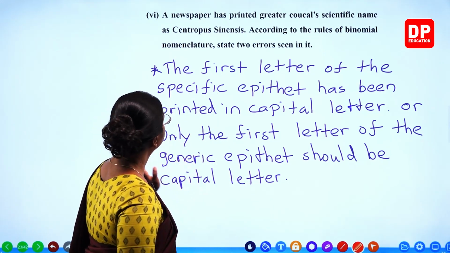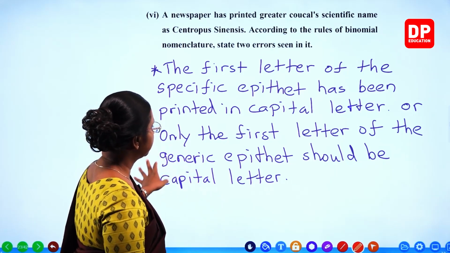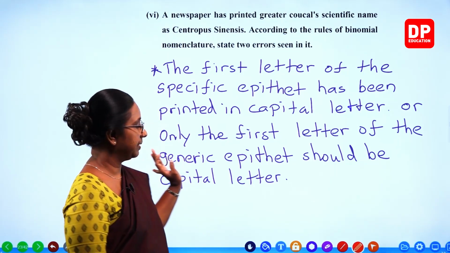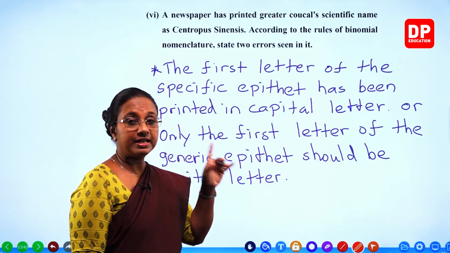So the first letter of the specific epithet has been printed in capital letter, or you can say only the first letter of the generic epithet should be capital letter. Is that clear? That is one.